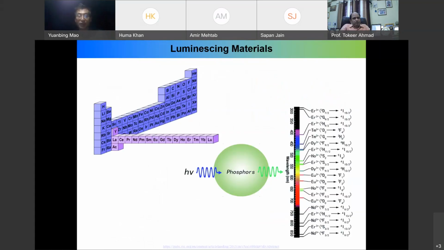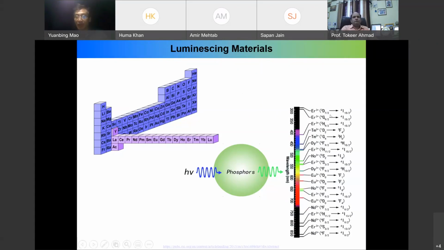And then in terms of the luminescence of the phosphors, the dopants, most of the time we use these rare earth dopants, but we can also use some of these transition elements. One of the things about phosphorus luminescent materials is that they can emit light in a quite wide range. So we can tune the colors that they emit.